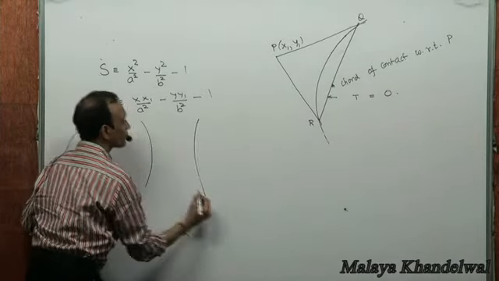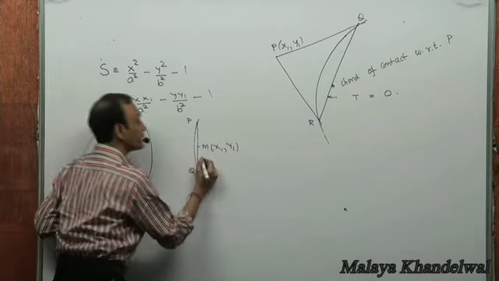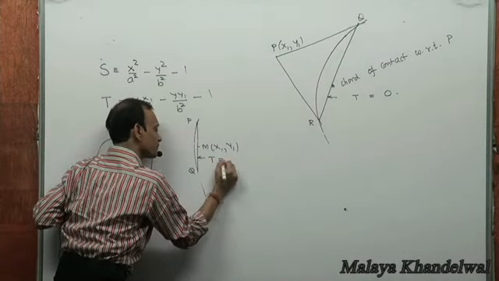Also, if I have any chord, internal or external, and M be the midpoint of that chord, then the equation of the chord in terms of midpoint is given by T equal to S1, right? I'm not redoing this.